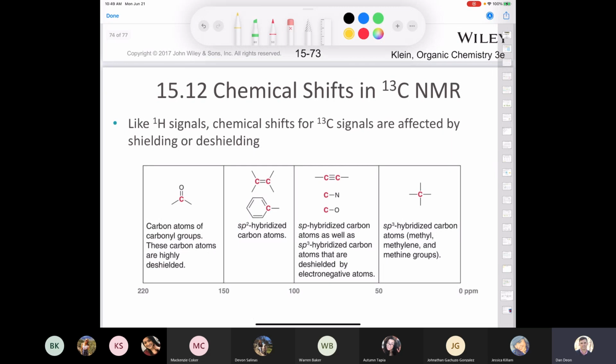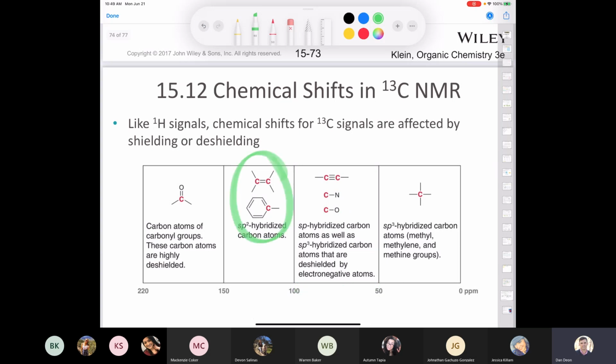From 0 to 50 parts per million, those are all your sp3 hybridized carbons, like your methylenes, methyls, methynes. If you have an sp hybridized carbon or an sp3 hybridized carbon that's attached to an electron withdrawing element like nitrogen or oxygen, those fall in the range of 50 to 100 parts per million.